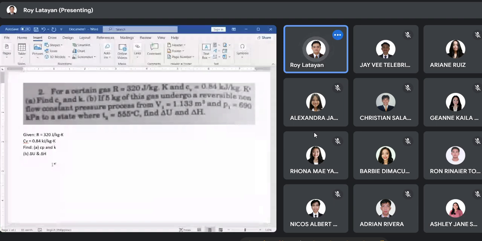For letter B, given tayo ng mass na 5 kilogram. Given tayo ng V1, 1.133 meter cube. Given tayo ng P1 na 690 kPa. Given tayo ng T2 na 555 Celsius. Okay.